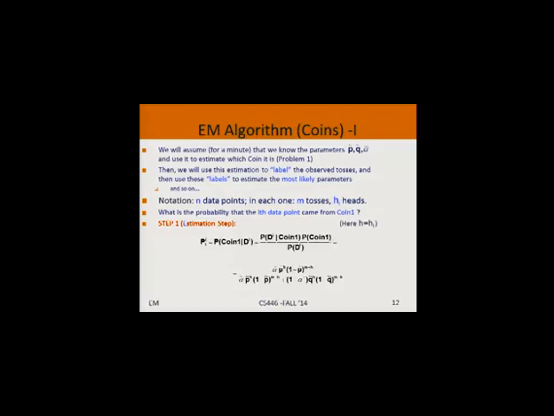Given that it's coin 1, the probability of observing this data, that means h heads and m minus h tails, is this, because it's the P coin. And then I'm dividing by the probability of the data, which is just a normalization, right? It either came from coin 1 or it came from coin 2. So that's the probability of the data.